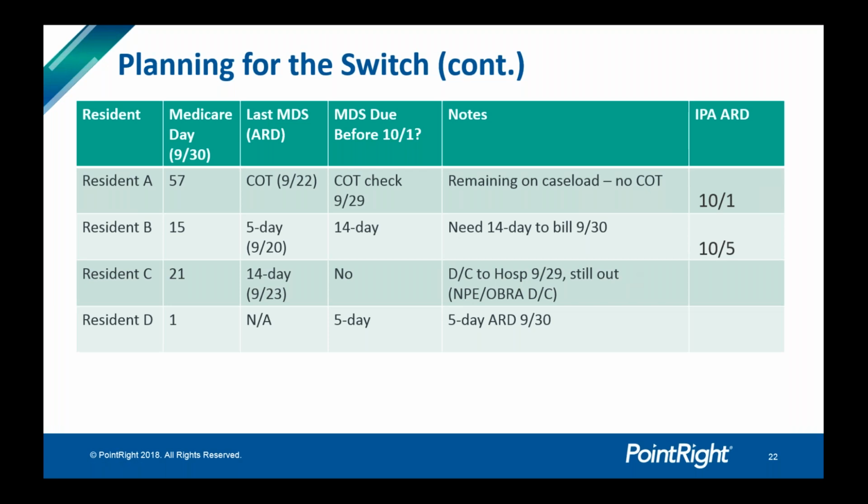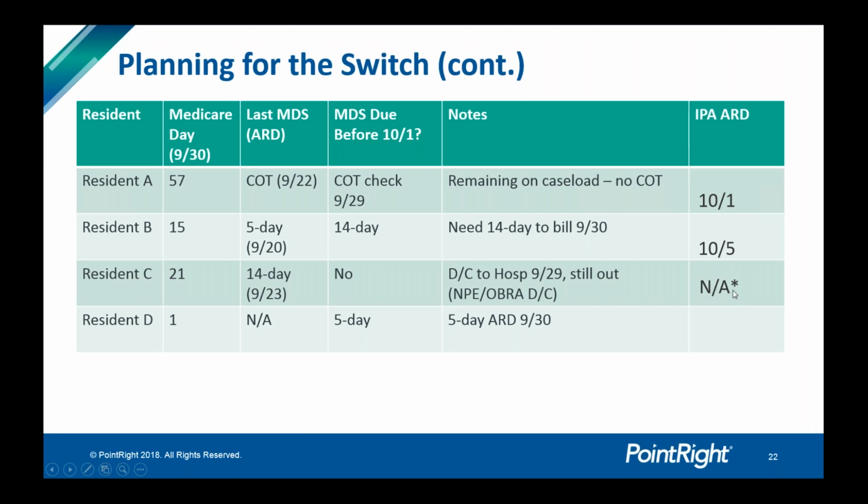We're pretty sure he's going to be out 24 hours, so we're going to have to discharge him. So we'll need an OBRA discharge with the PPS discharge to say he's no longer on an active Medicare stay as of 11:59 p.m. on September the 30th. So everything was going fine until he went out to the hospital.